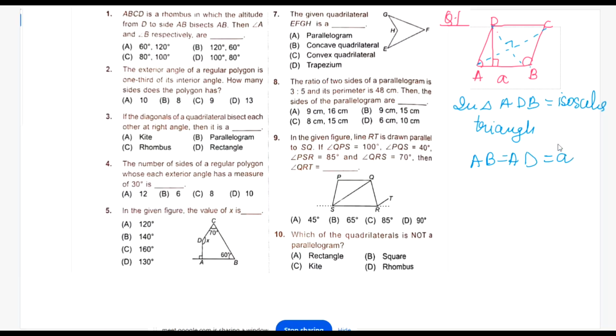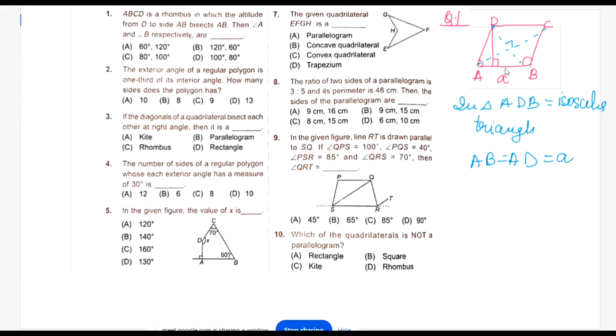One more thing: the altitude actually bisects AB, so in triangle ABD the angle is also bisected. So angle BAD and angle ABD, this one and this one are equal.